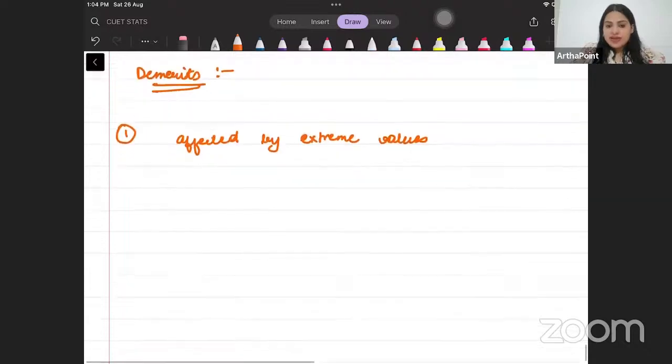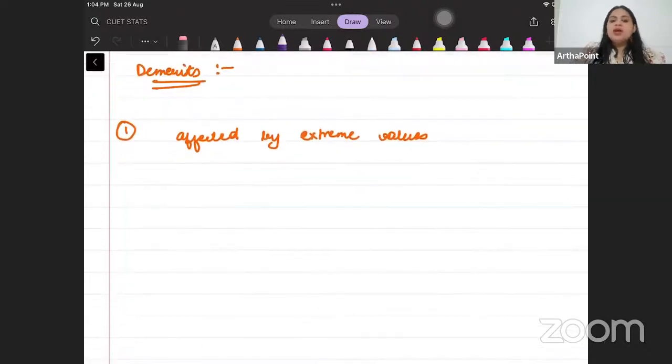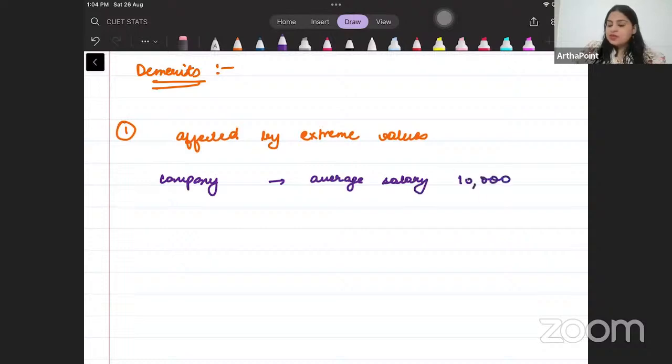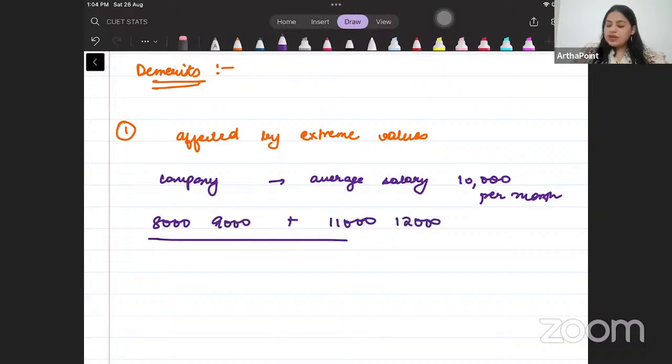When I say it is affected by extreme values, let's take an example. Let's say you have a company whose average salary is 10,000 per month. The salaries were like this: 8,000, 11,000, 9,000, 12,000. I took their average, and on an average I was getting 10,000 per month, dividing by 4.